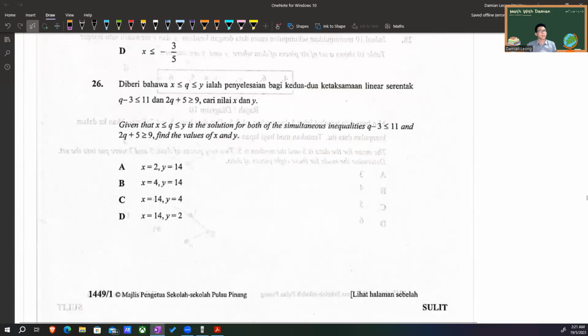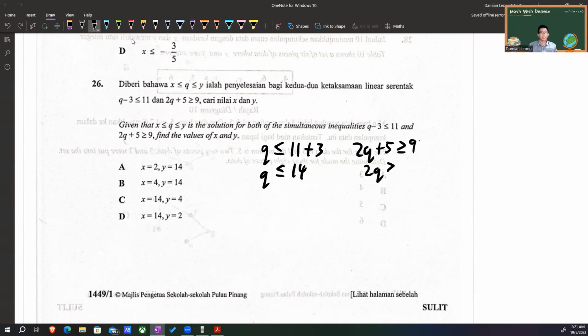Question 26. Given q more or equals x, less or equals y is the solution for both of the simultaneous inequalities here. Find x and y. So solve the inequalities. Bring over minus 3, opposite plus 3. q less or equals 14. Then the other one. 2q plus 5 more or equals 9.